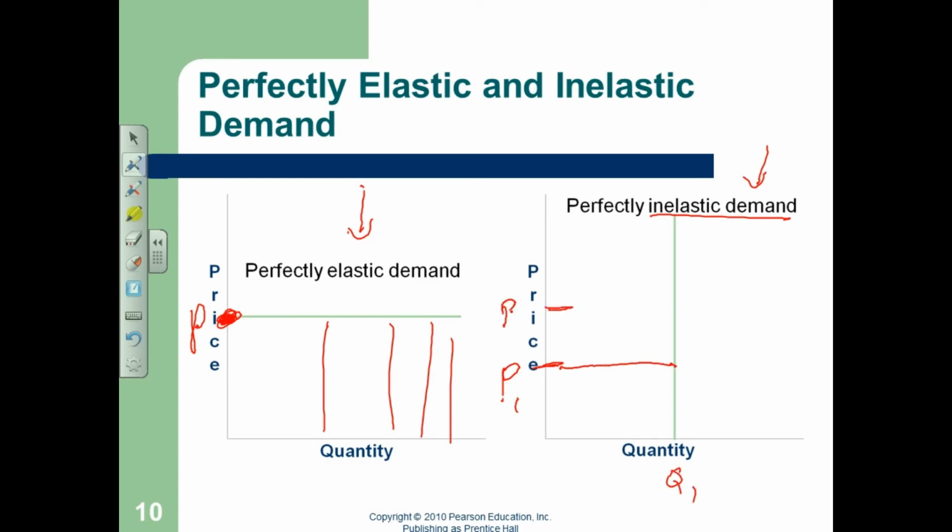If price doubles to P2, you still demand Q1, right? And triple, you still demand Q1. So you need one shot of this medicine or one pill a day, so you buy it. That would be an example of a perfectly inelastic demand curve, for a product which does not have any substitute at all. You have to have it.